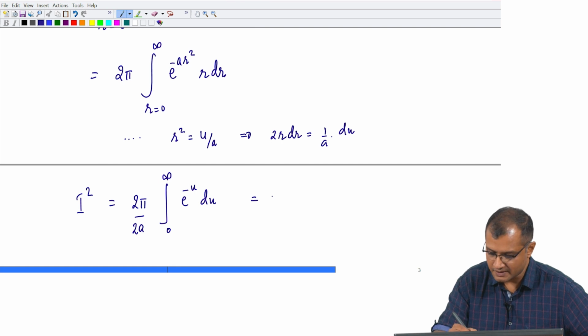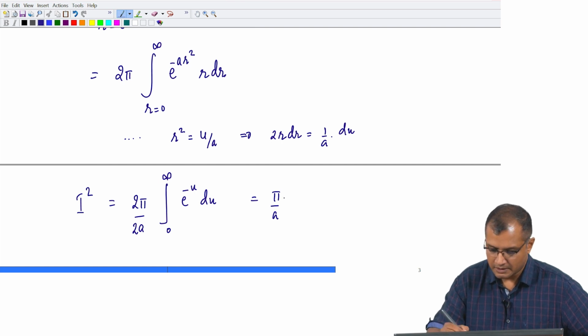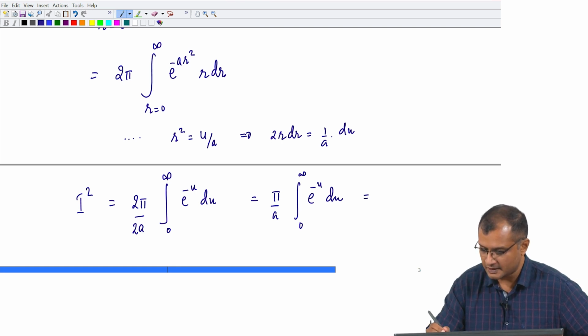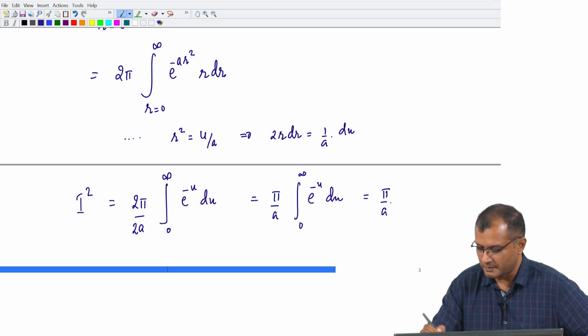So, this will give me just pi by a integration 0 to infinity e raised to minus u du, and that is nothing but pi by a.